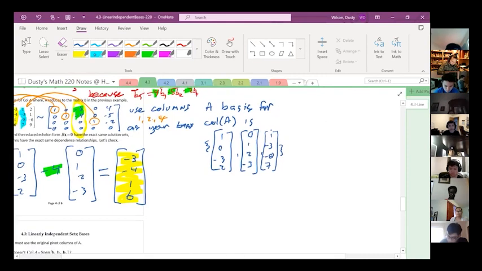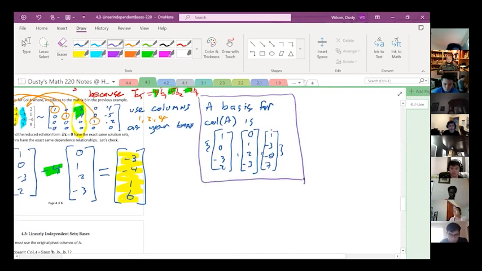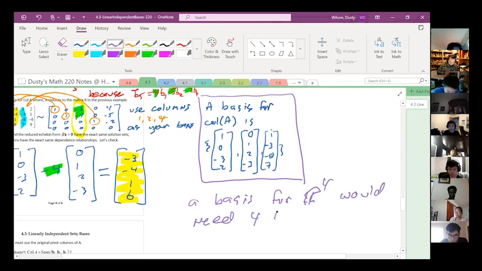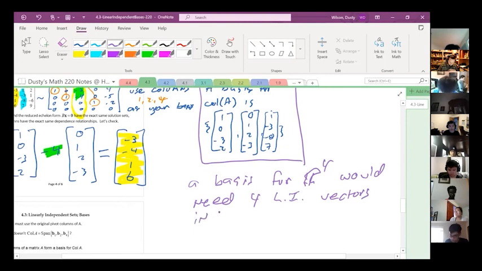What we've found is a basis for the column space of A. I know it's not a basis for R4 because there's only 3 vectors. Does that make sense, Ryan?